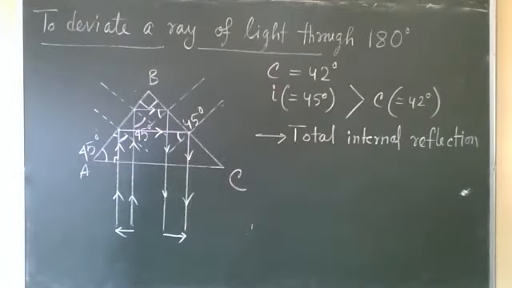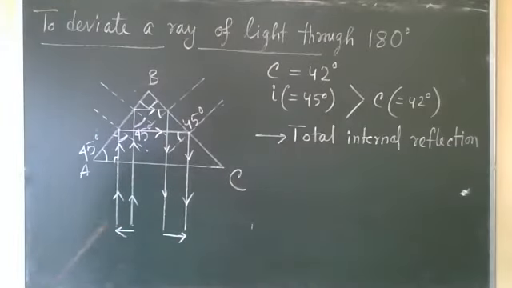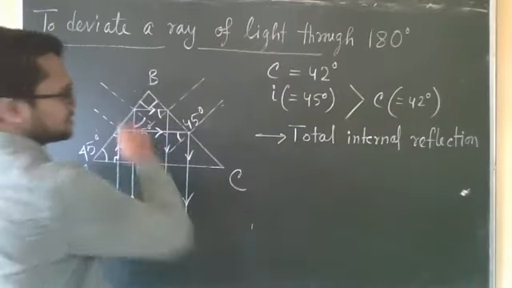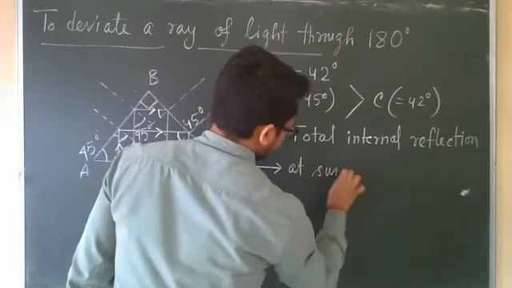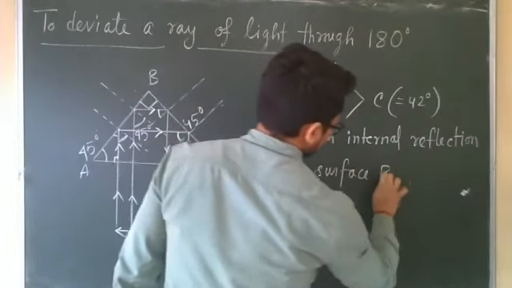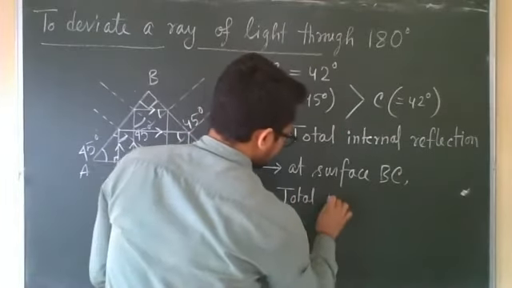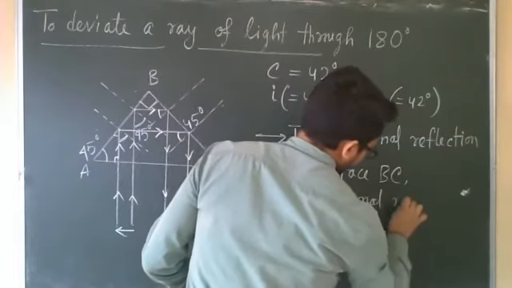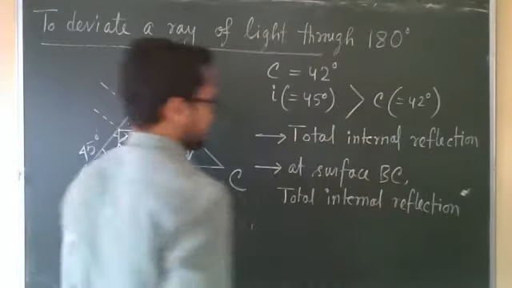You give the arrow, and find the angle of incidence at every surface. At surface BC, which phenomenon is occurring? Total internal reflection.